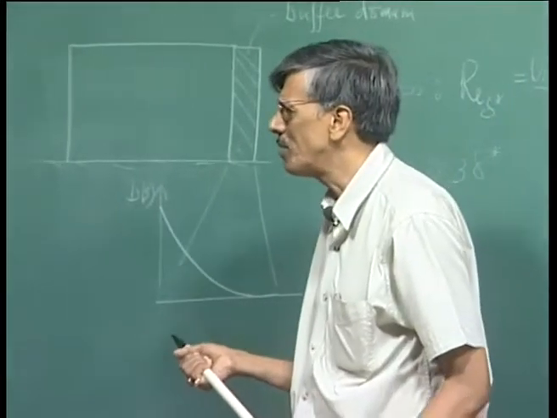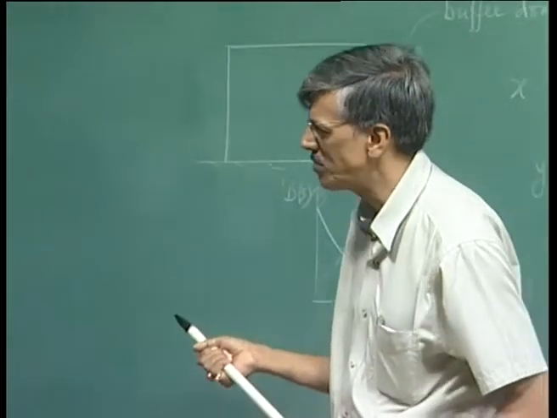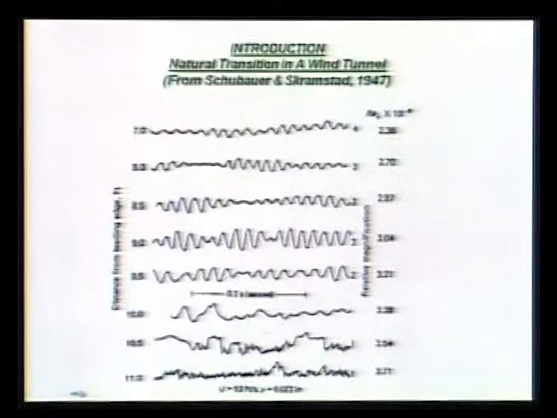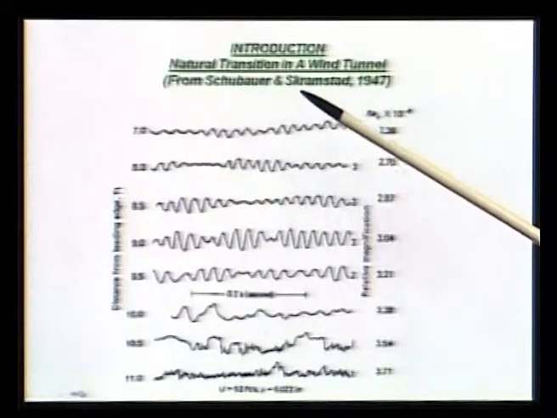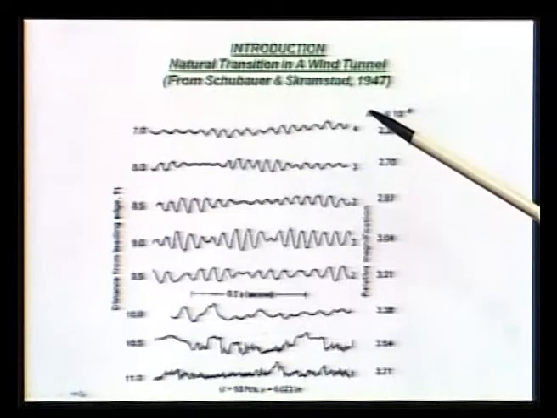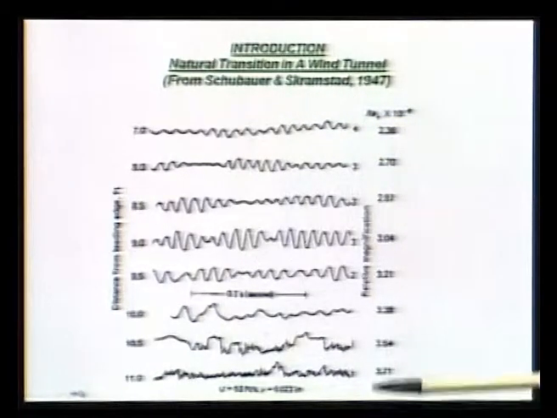This is something that we have seen: if I go to a wind tunnel and see what is happening inside the tunnel, it is a so-called natural transition, and this is the result, again I am showing you, taken from that Schubauer-Skramstad paper.